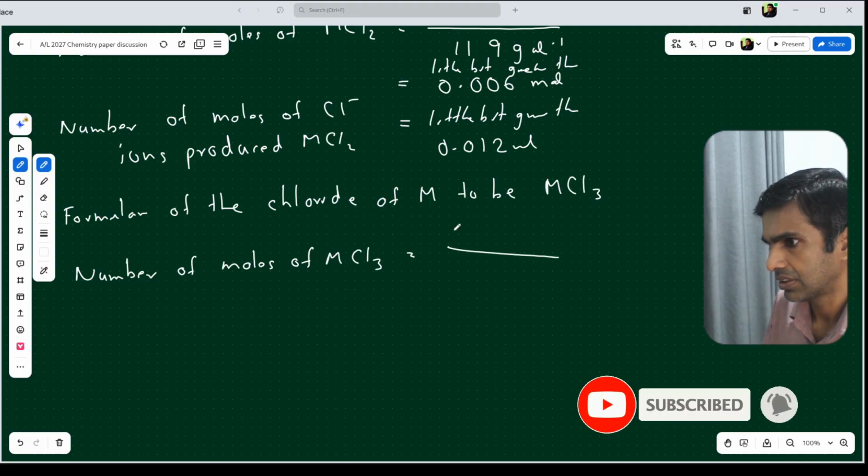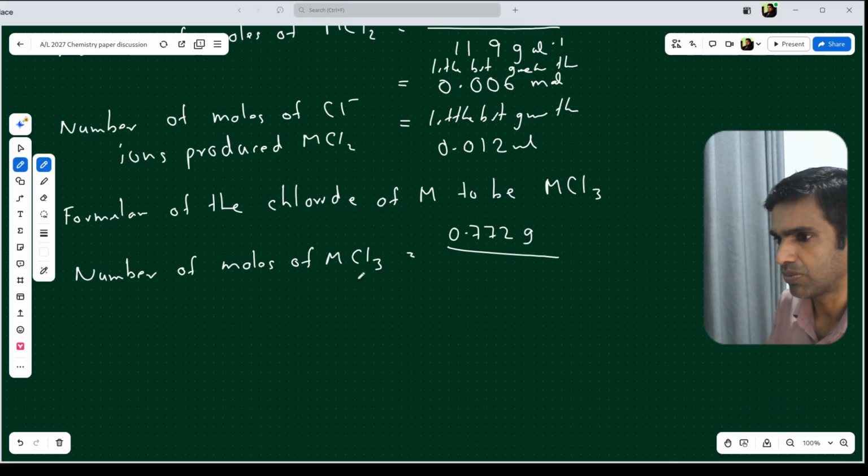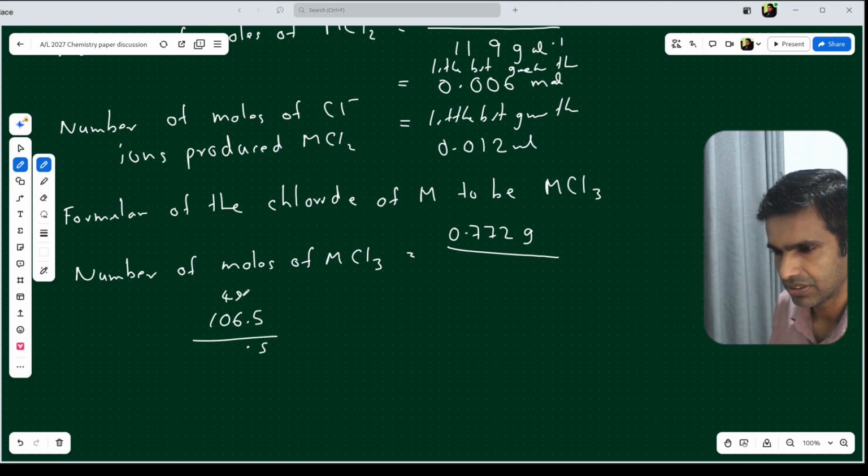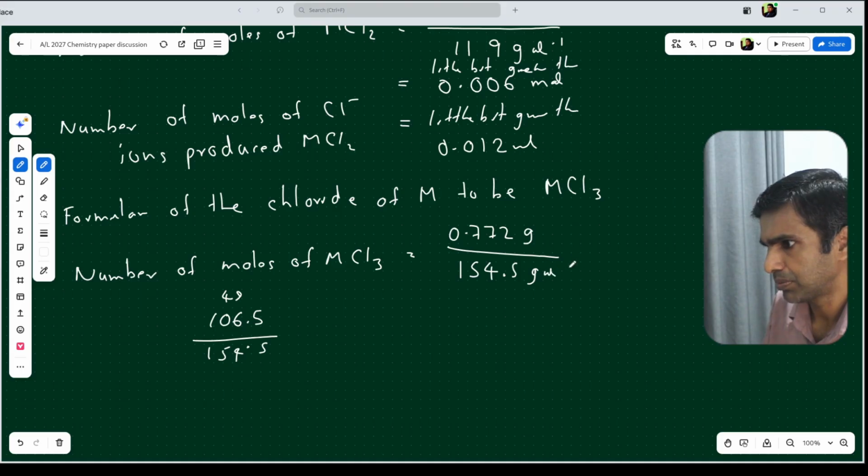It is 0.772 grams over the molar mass of MCl3. So 35.5 times 3 is 106.5. Then M 48, which means the molar mass is 154.5 grams per mole.